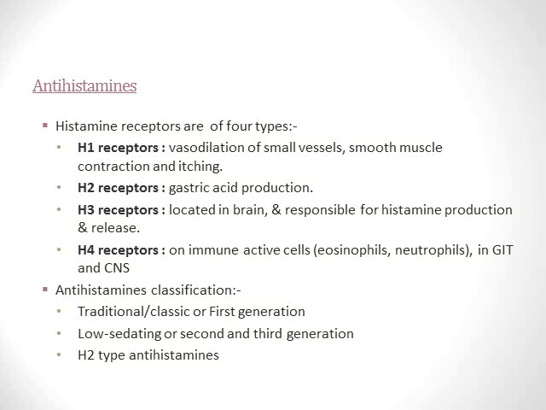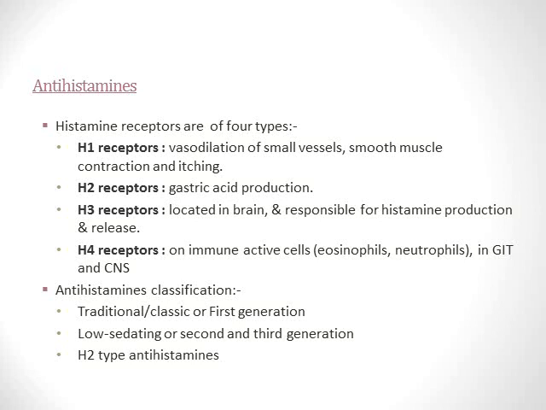Then we have antihistamines, the most commonly used medication we can say, because we use them for various conditions, or most conditions where itch is one of the complaints. Histamine receptors, we know there are 4 receptors, that is H1, H2, H3, H4. H1 receptors are responsible for vasodilation of small vessels, smooth muscle contraction, and itching.